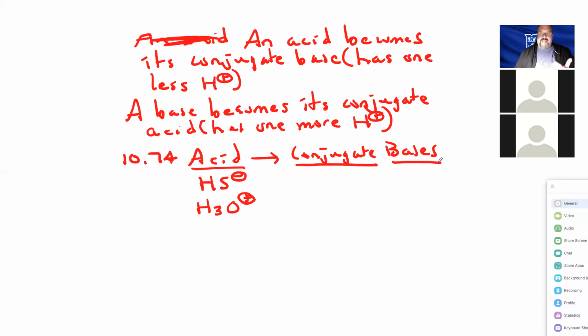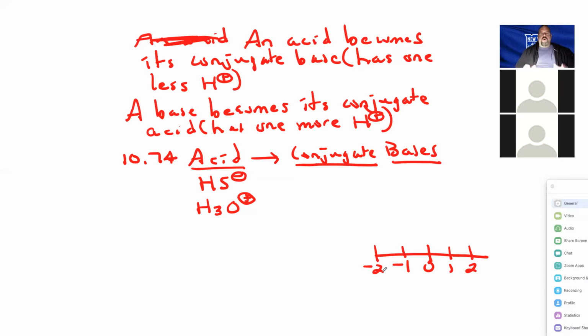I'm going to take out an H from the chemical formula, and then from the charge, I'm going to take out a +1. One of the things that helps in figuring out the charge is to remember your number line.